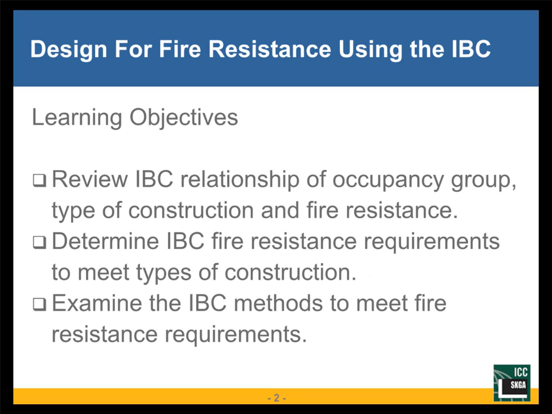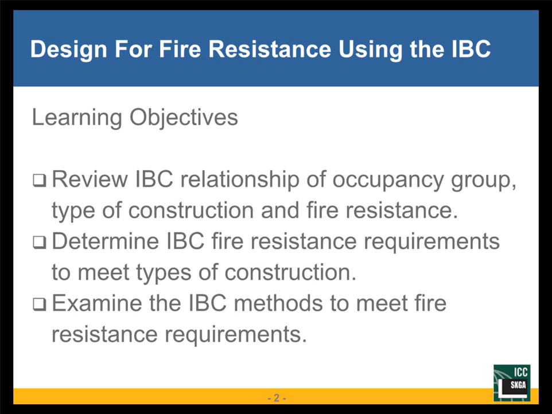I do want to acknowledge that our learning objectives today are to apply the fire resistance requirements in the IBC. It starts by us having to look at a relationship between occupancy groups that are in the IBC, the type of construction that a building is planned to use, and of course from those the code will decide if there's some fire resistance.